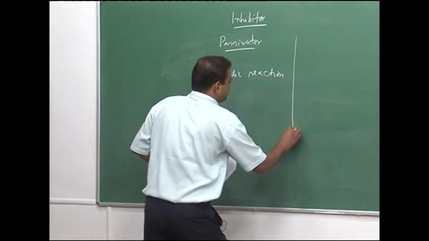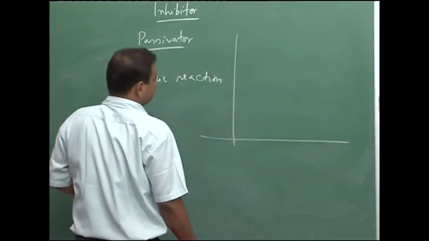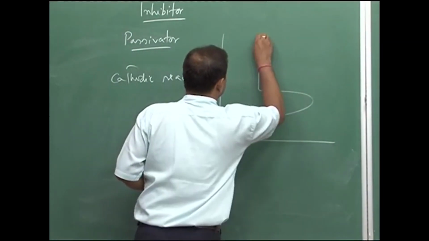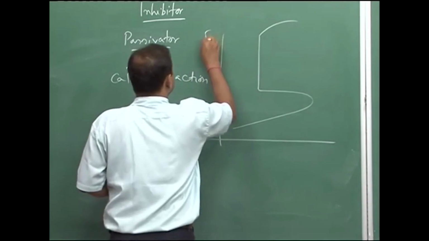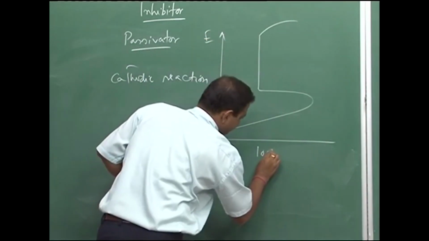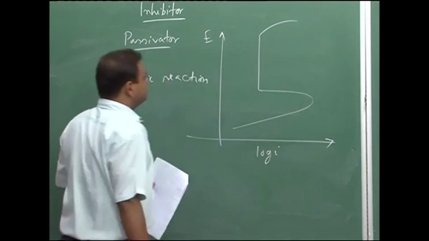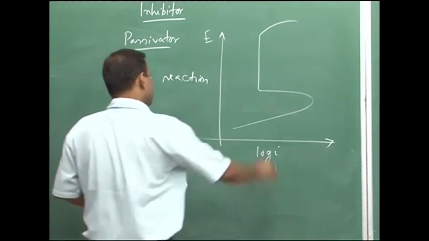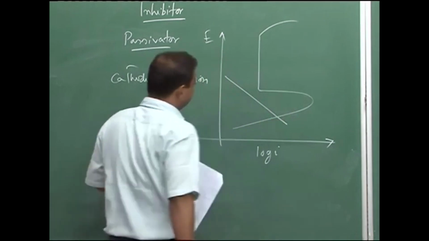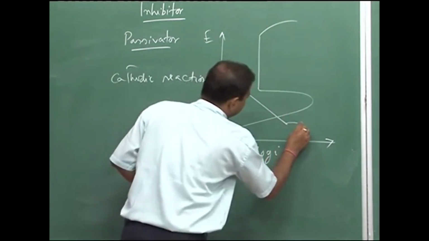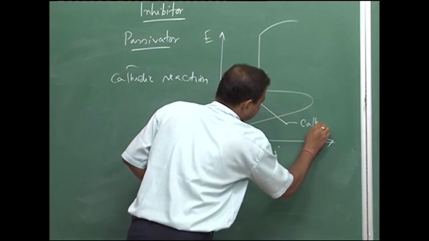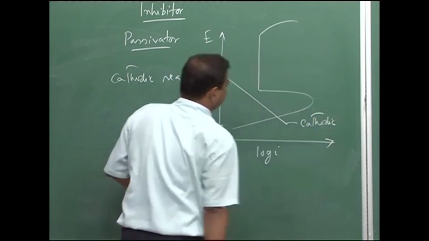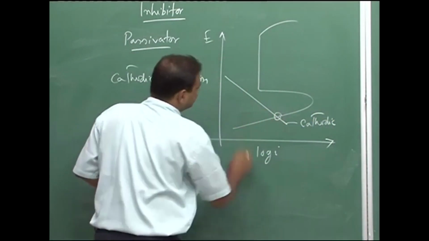For example, in case of a passive metal, this is the potential versus log I curve, basically the passive metal curve. Now, if a cathodic reaction is happening like this, this is my cathodic reaction, and this is initially the corrosion rate.